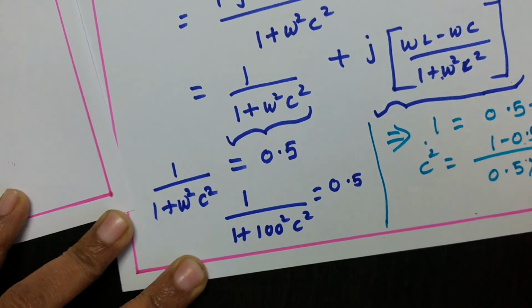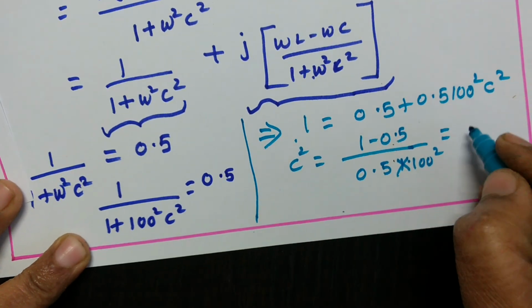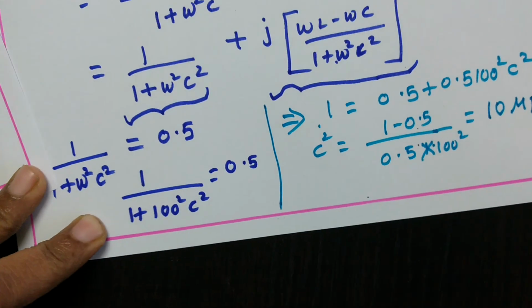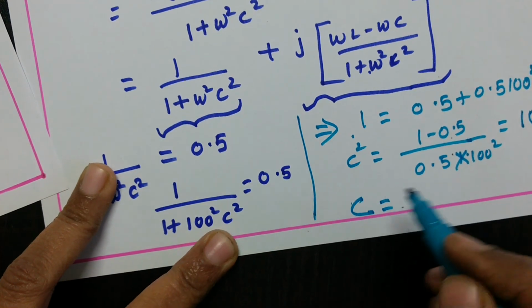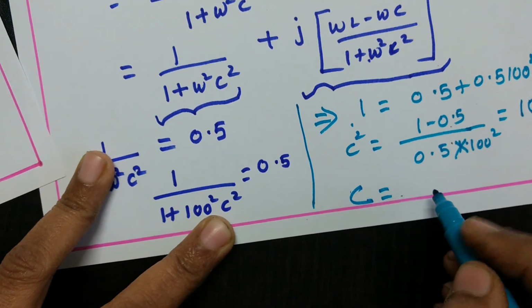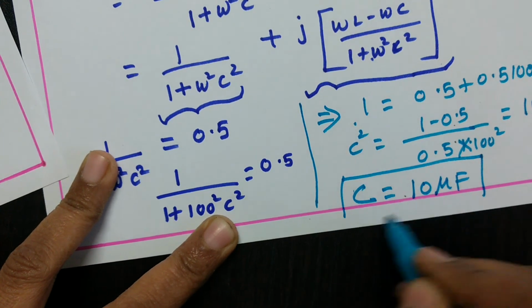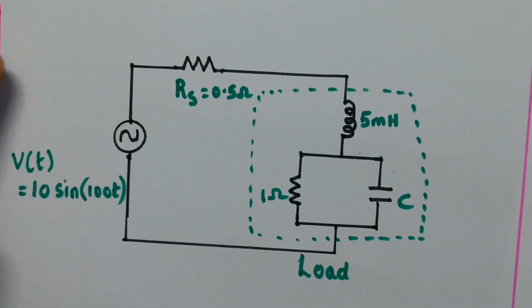So C equal to 10 microfarad. From this we have found out the capacitance value as 10 microfarad. So this is the answer for the given AC network.